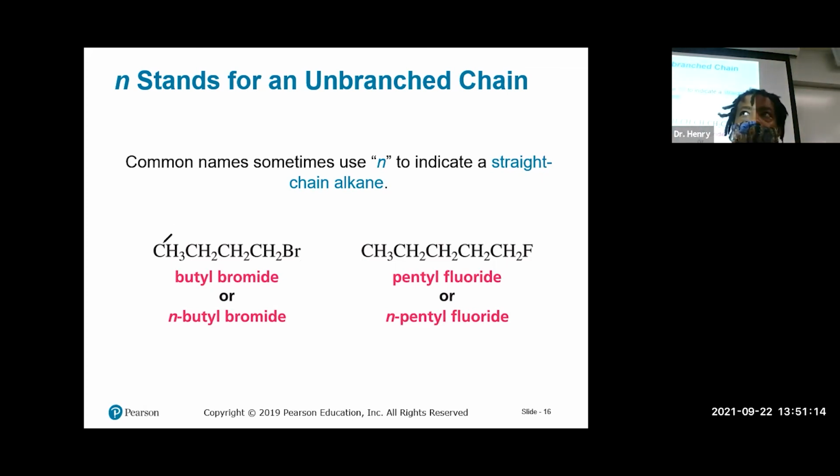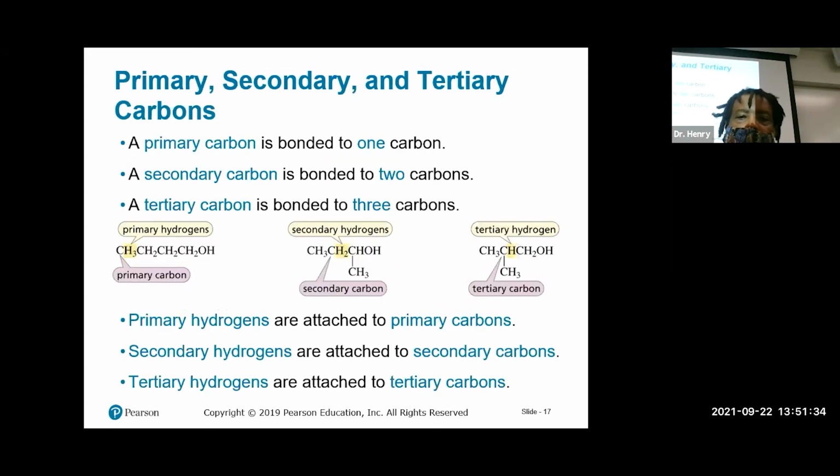Okay. Where we would call this guy in terms of its normal nomenclature or systematic nomenclature, it would be 1-bromo, in this case, butane, right? So again, here we see, this is your primary. Okay, so that is our secondary. That means we have something attached to our secondary carbon, right?